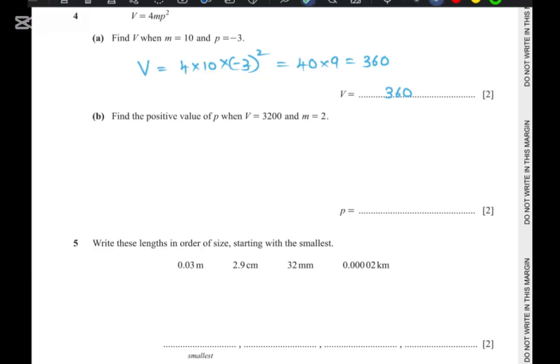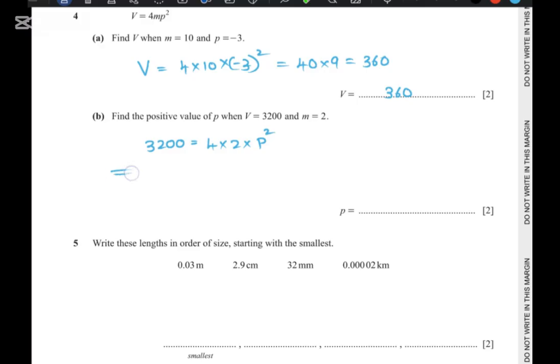Question B. Find the positive value of p when V is equal to 3200 and m is equal to 2. So we need to find the value of p here. Take the same formula, but substitute the values of the given variables. V is 3200, m is 2, so 4 into 2 into p squared.